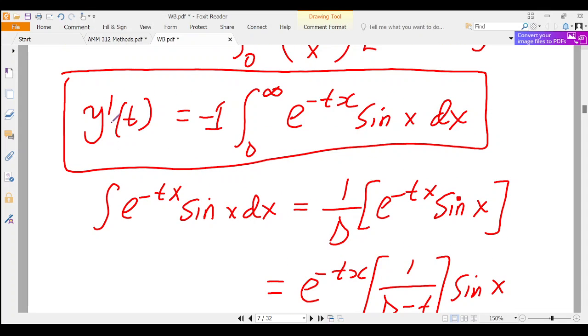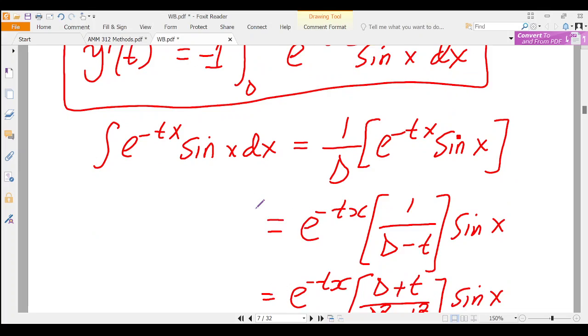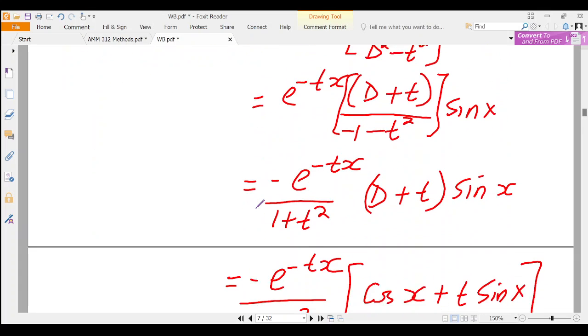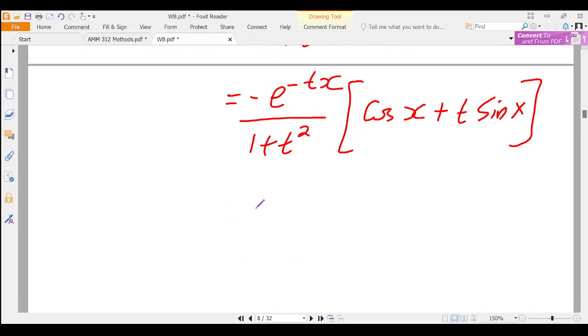So we are going to substitute back here to get y prime is minus 1 times the integral from 0 to infinity of this. So we're going to take the limit.